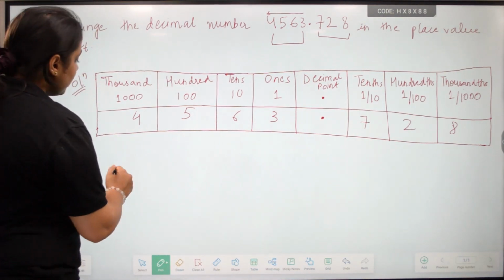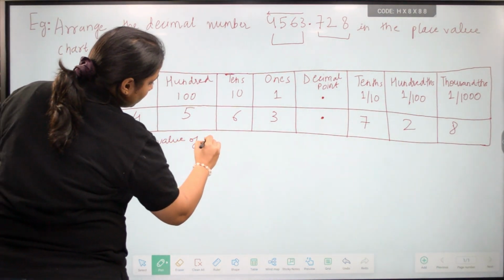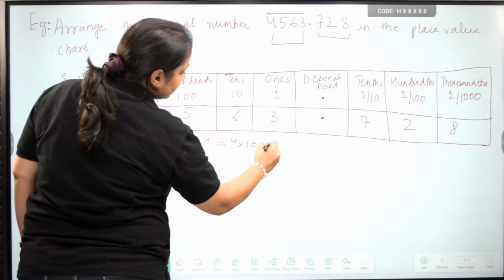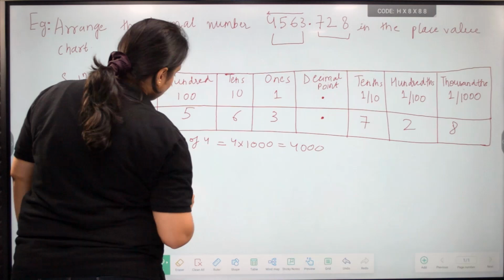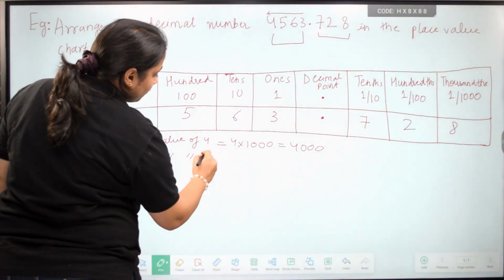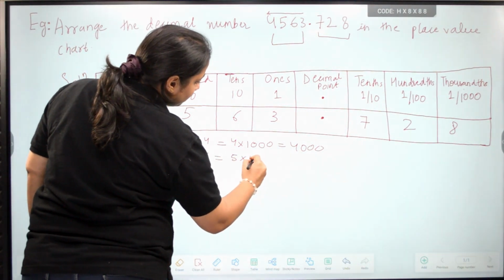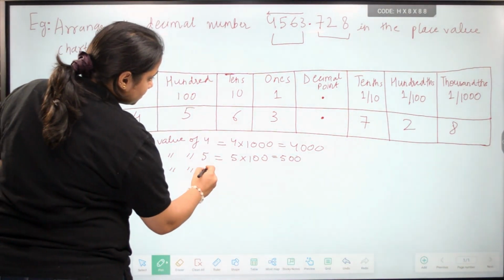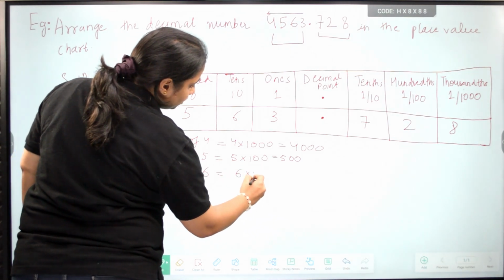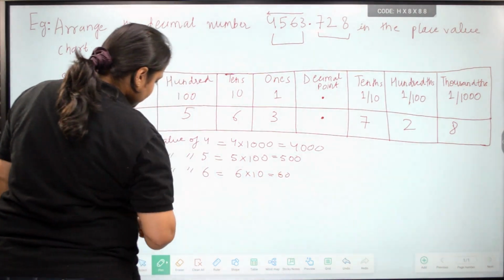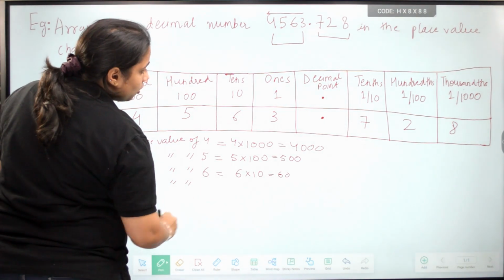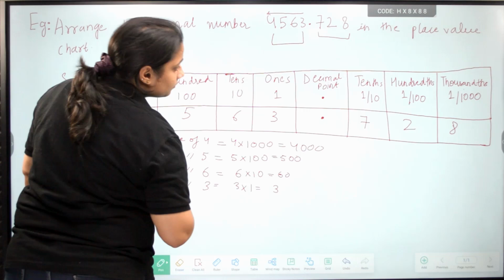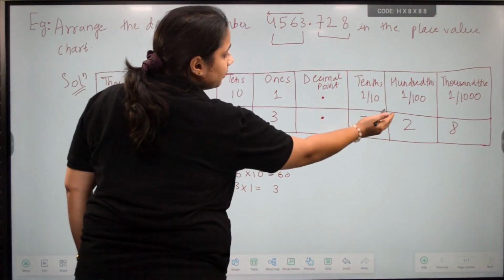In this, the place value of 4 is 4 into 1000, which is 4000. The place value of 5 is 5 into 100, that is 500. The place value of 6 is 6 into 10, that is 60. And the place value of 3 is 3 into 1, that is 3. Now the place value of 7, 2 and 8.